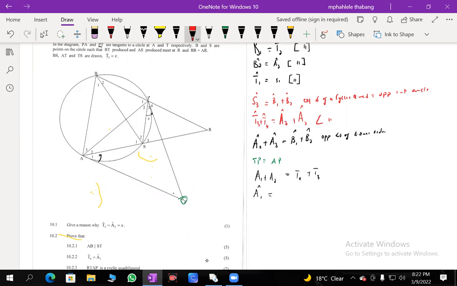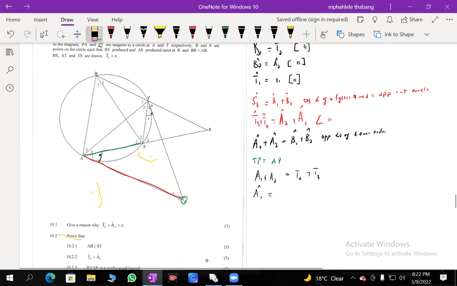This is our tangent. And then we identify our chord AS. We see that angle A1 is the angle between the tangent and the chord.